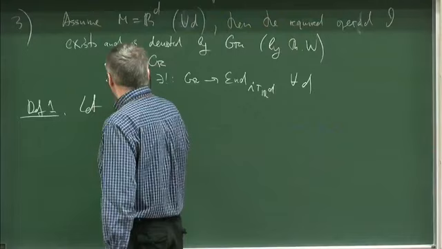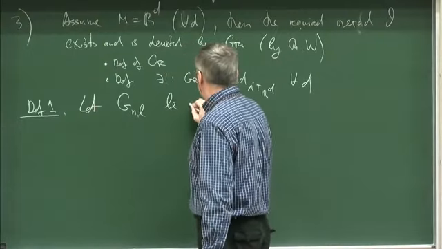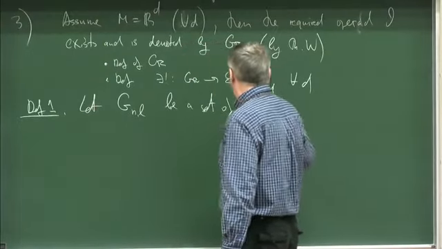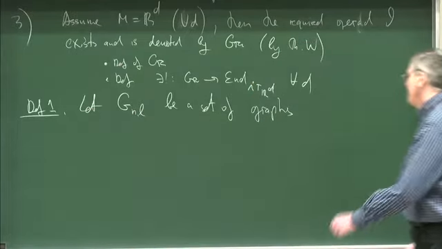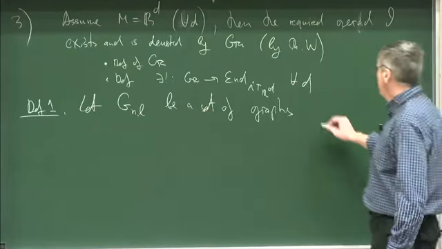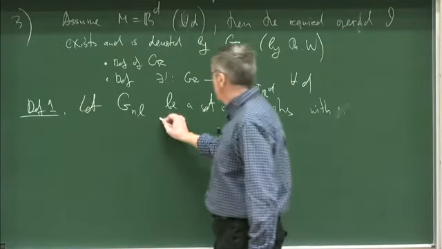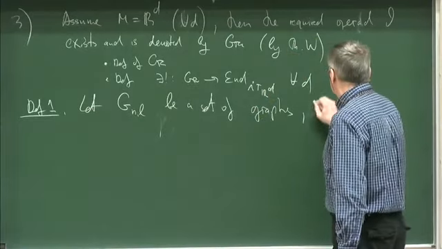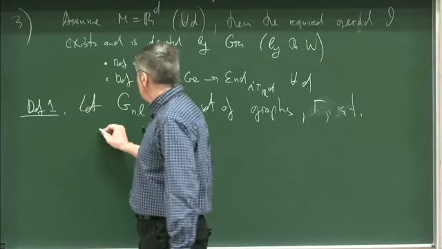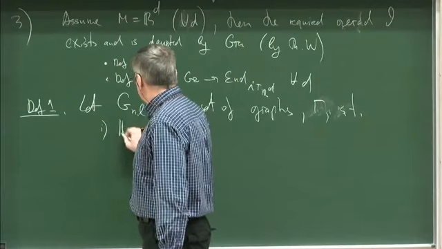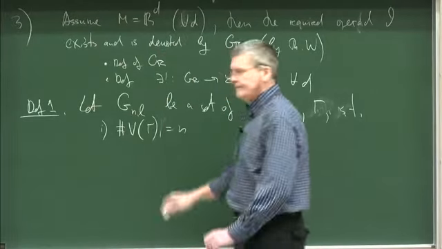Let G(n, L) be a set of graphs such that the cardinality of the set of vertices is n.